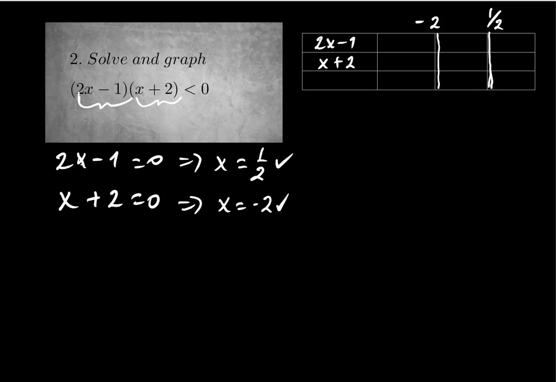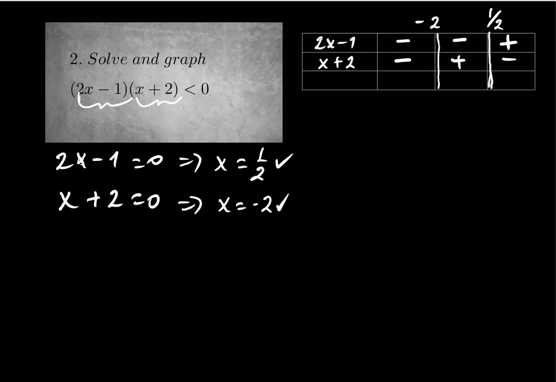So let's see, for all values of x less than 1/2, this one will be negative, and here it becomes positive. Okay? The same way, for all values of x less than -2, this one will be negative, and beyond that it becomes positive.